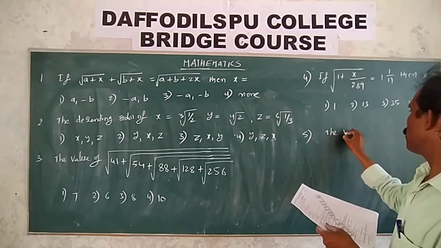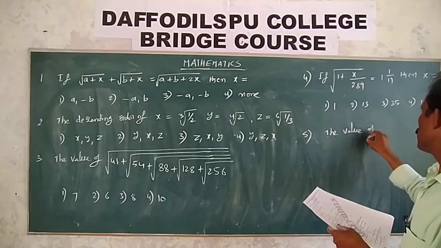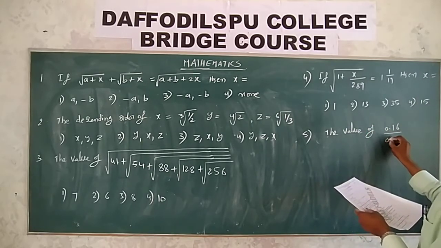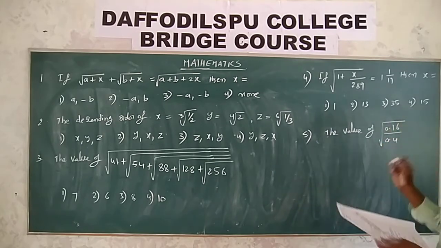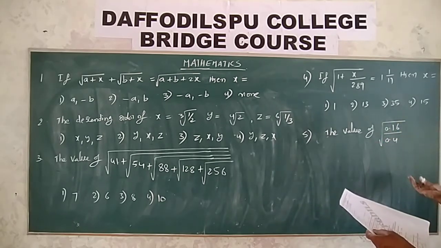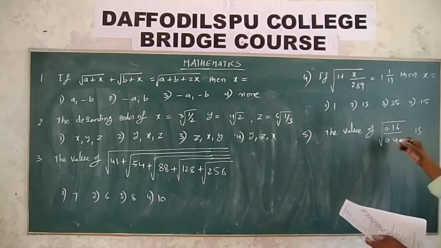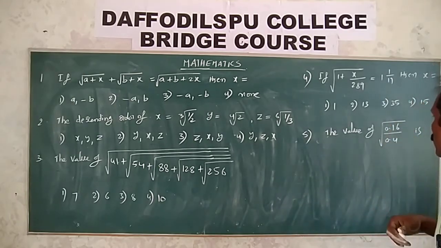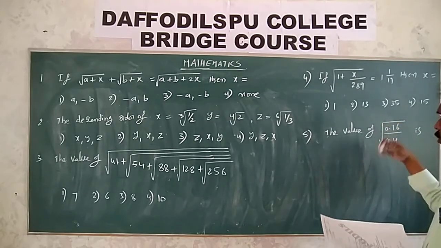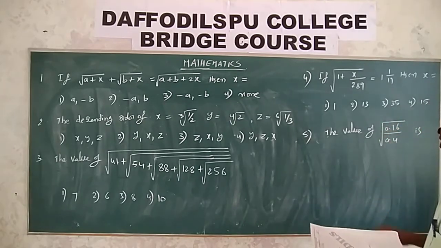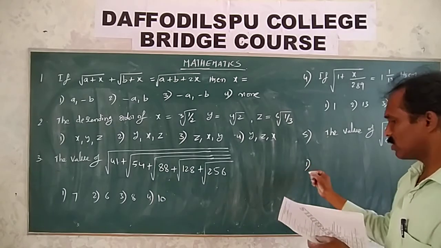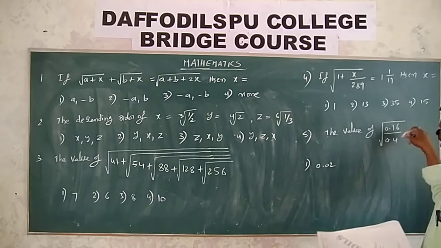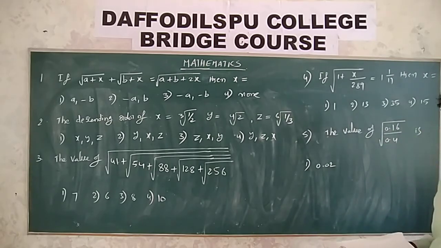The value of 0.16 divided by 0. These are decimal values, numerator and denominator. First of all you convert it to a rational number. Afterwards solve. After getting the square root exact value, then you divide those values.